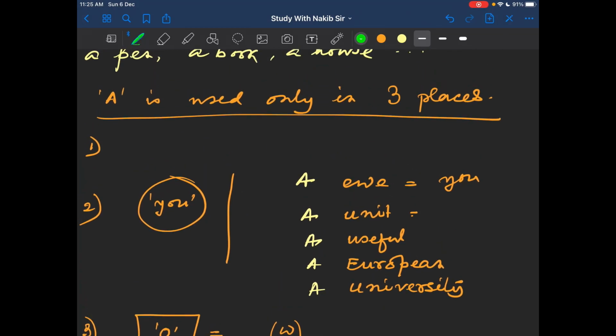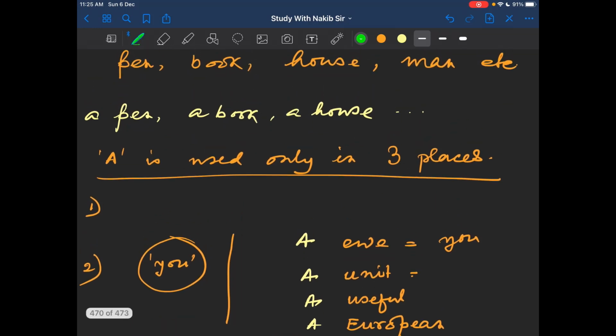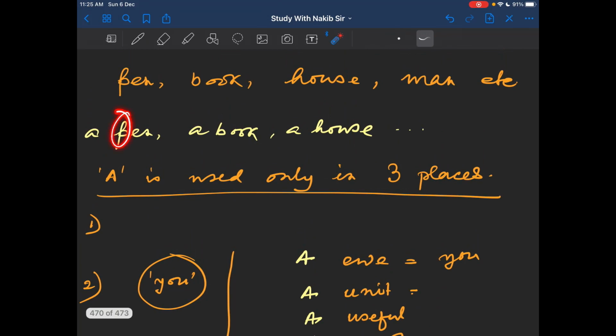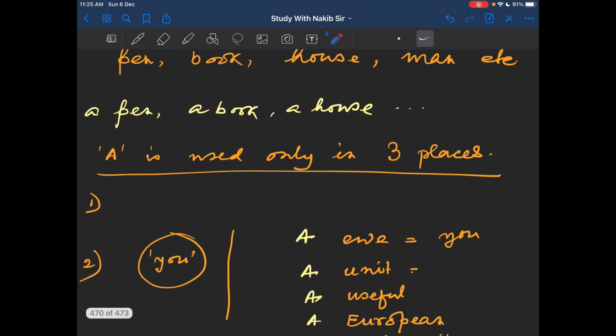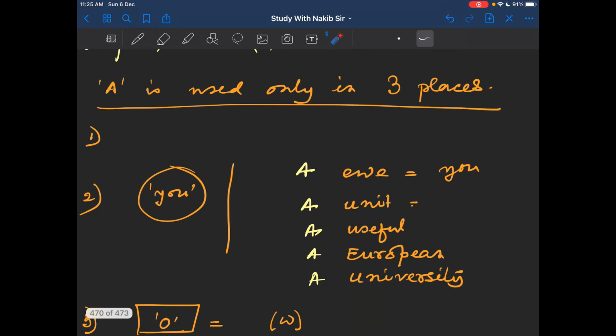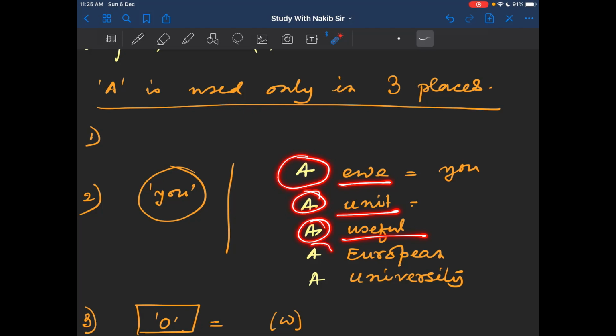So you have got that a is used in 3 places. Number 1, a is used before those nouns that begin with a consonant. Number 2, a is used before those nouns that begin with vowels, but those vowels sound like "yoo", like this: unit, useful, European, university.